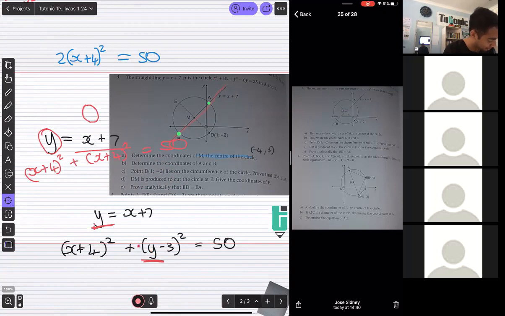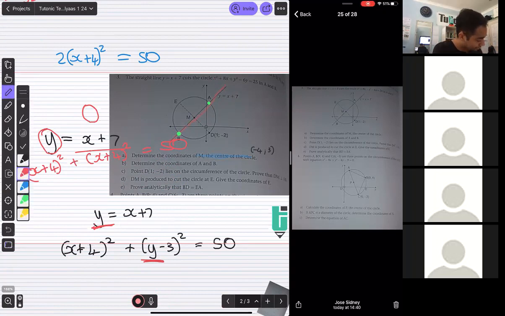These y's are the same because it's where the graphs intersect. This y equals that, which means that this equals that.